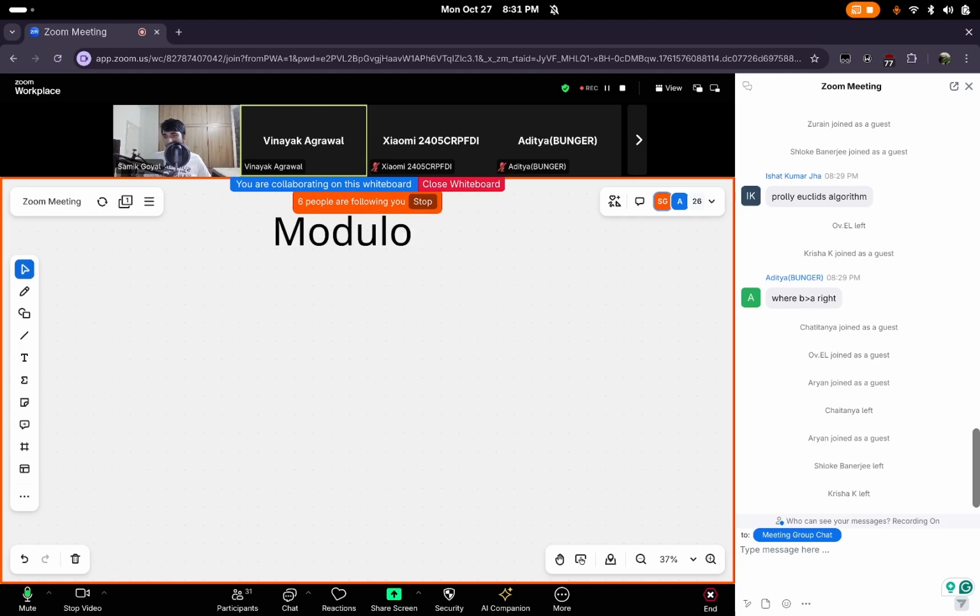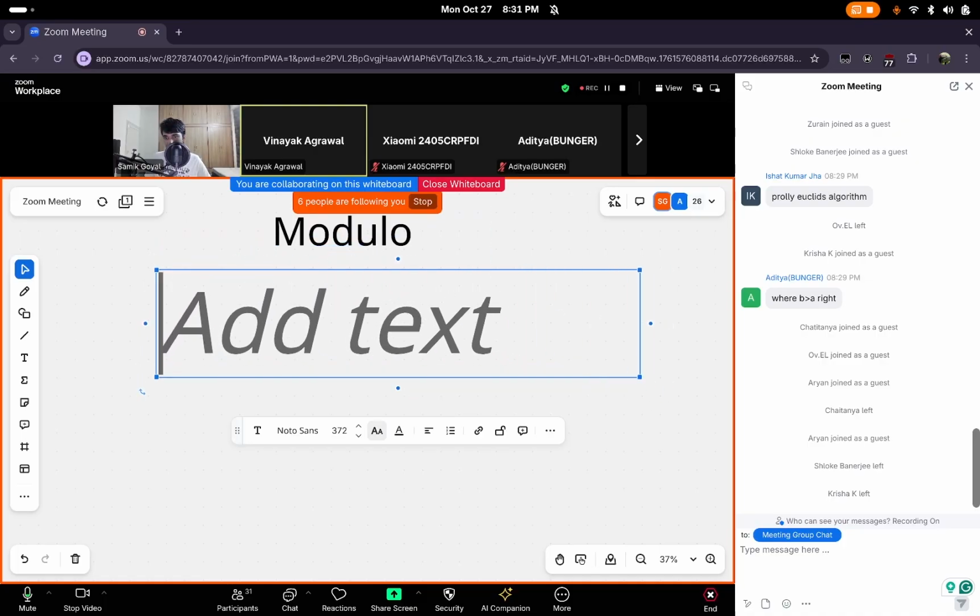So the definition of modulo is pretty simple.